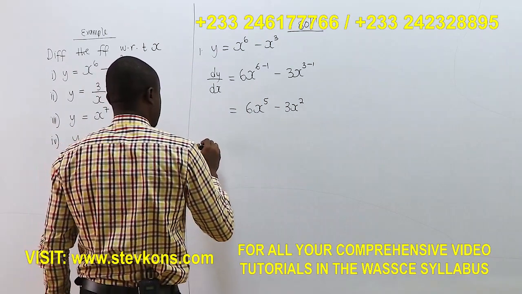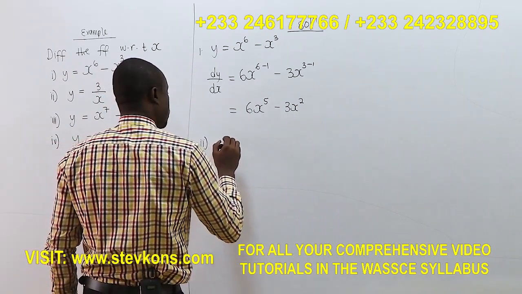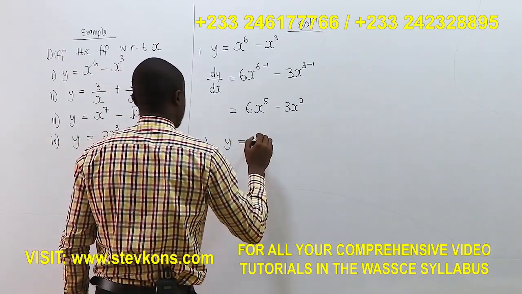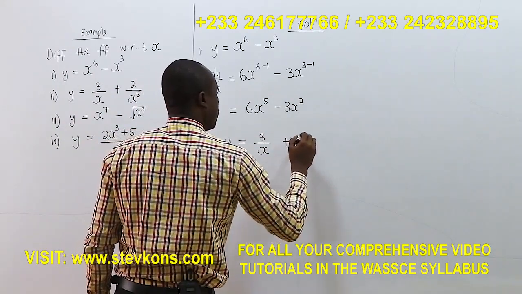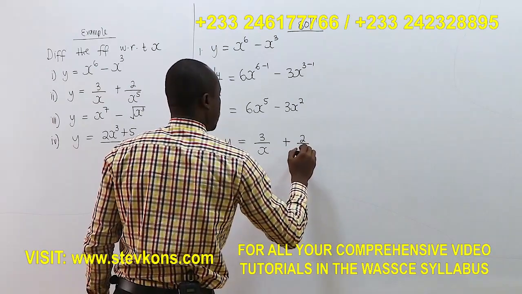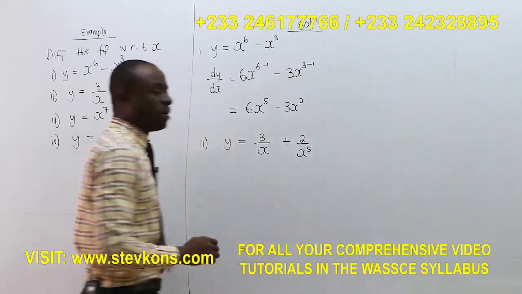Now let's see the second one. We have y to be equal to 3 over x plus 2 over x to the power 5.